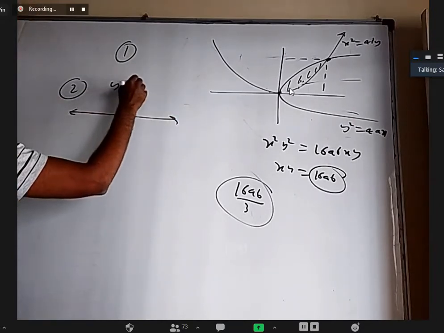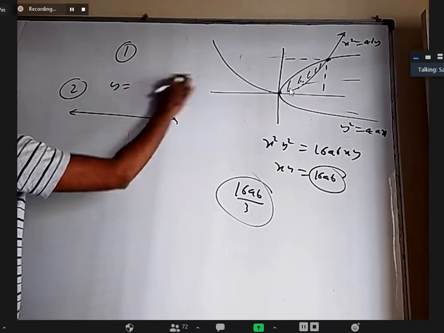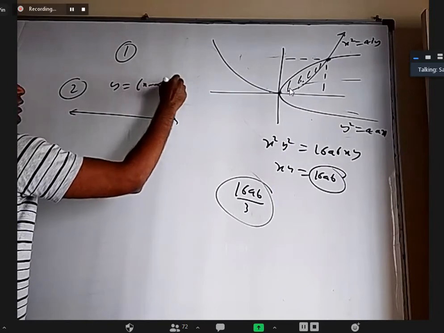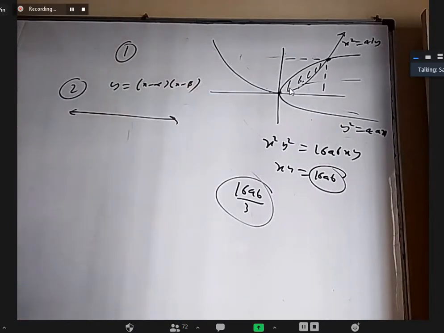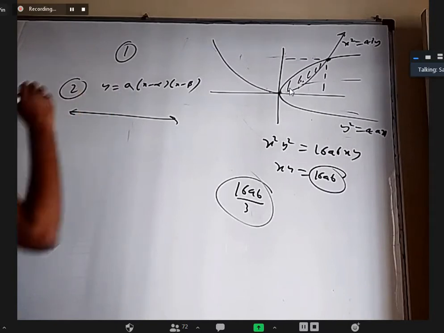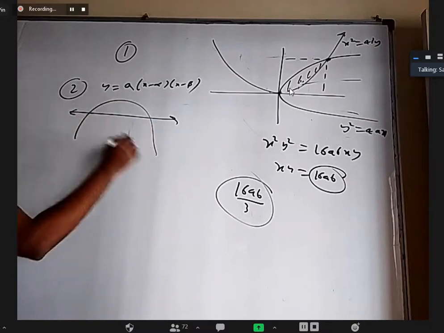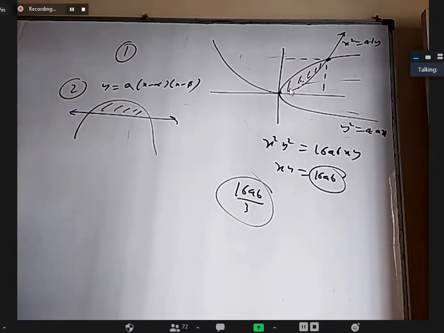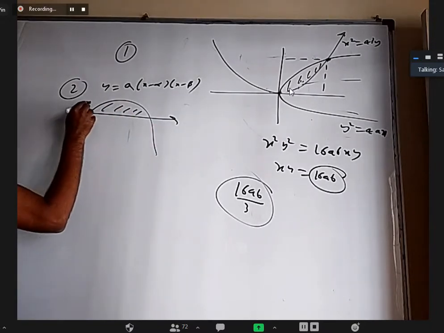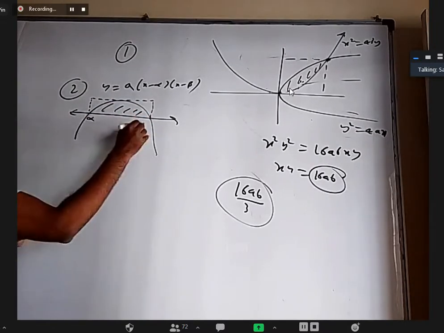Next, the second one. Yesterday in the KVPY class also I mentioned this, that whenever you have y equal to a into x minus alpha into x minus beta. Let's say a is negative, it is a downward parabola and we want this area. As we discussed, it should be 2/3 of this rectangle. This is alpha, this is beta.